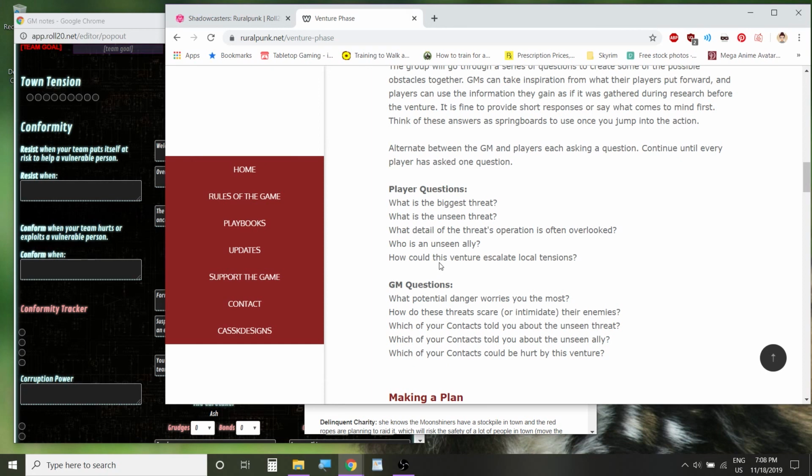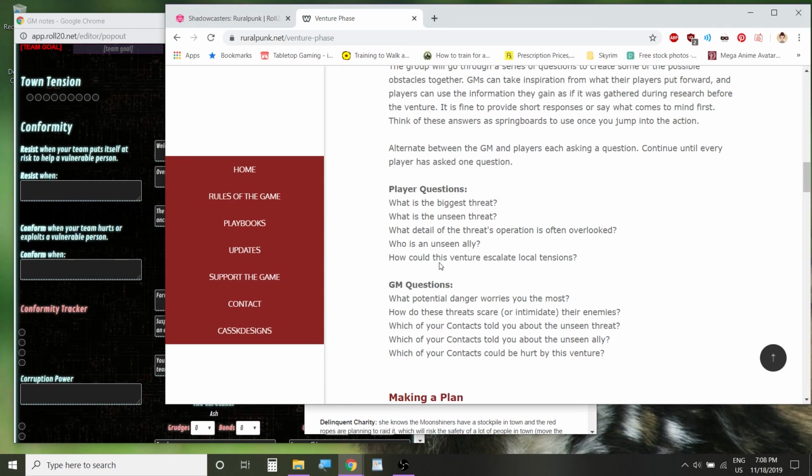I'm pretty sure that's when Christian said killer bees and the birds and the bees and was riffing jokes on that. And so all of that came from that question. I can also ask them, how do these threats scare or intimidate their enemies? And the players came up with the idea that they have this grenade that makes the wild attack people. So like they came up with that.